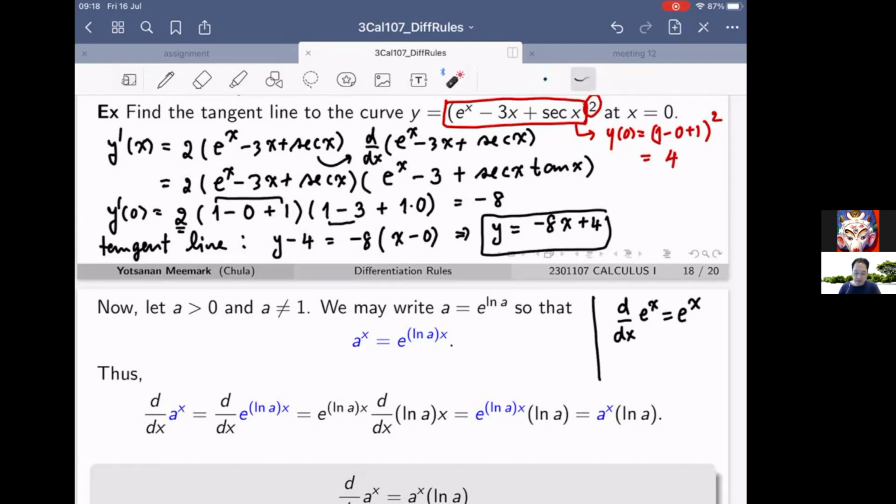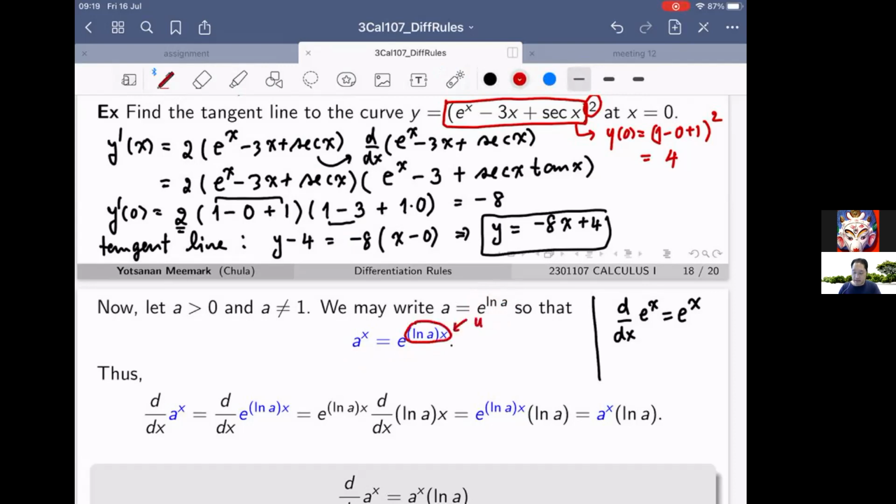So we know that if your a is positive and is not 1, we can write your a as e raised to the power log a. So it means that a to the x is the same as e raised to the power log a multiplied by x. So here it looks like e to the u, right? Here is your u.